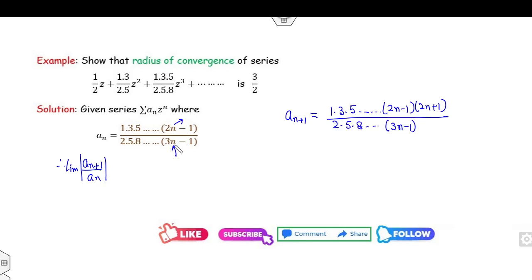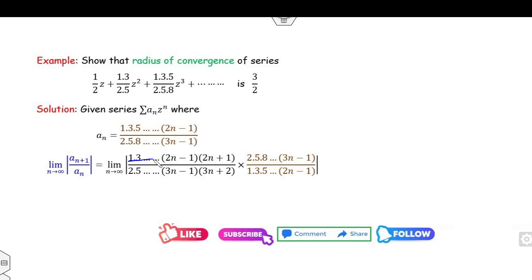If you take n to be n plus 1, it is 3n plus 2. Fine. Now you can substitute a_(n+1) and a_n. You can divide them and you can see 1, 3, 5 cancel out, 2, 5, 8 will cancel out. So this expression becomes, as n approaches infinity, 2n plus 1 over 3n plus 2.